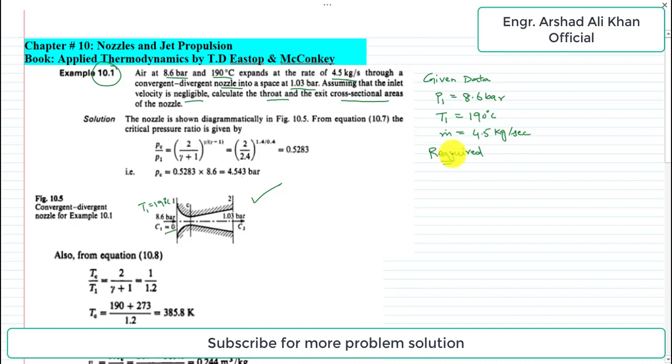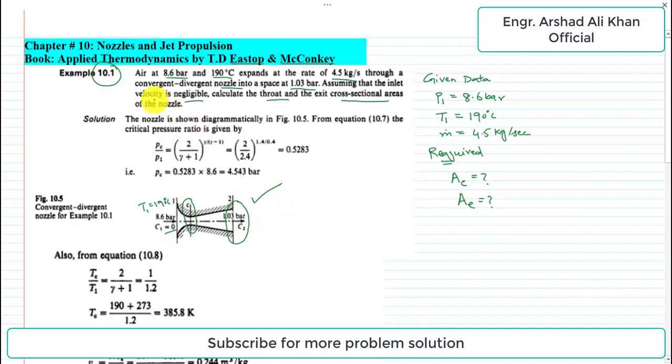One is the cross-sectional area at the throat, that is AC, and second we have to find the cross-sectional area at exit. So basically, if I highlight these areas in the sketch, this is the cross-sectional area at throat and this is the exit area.